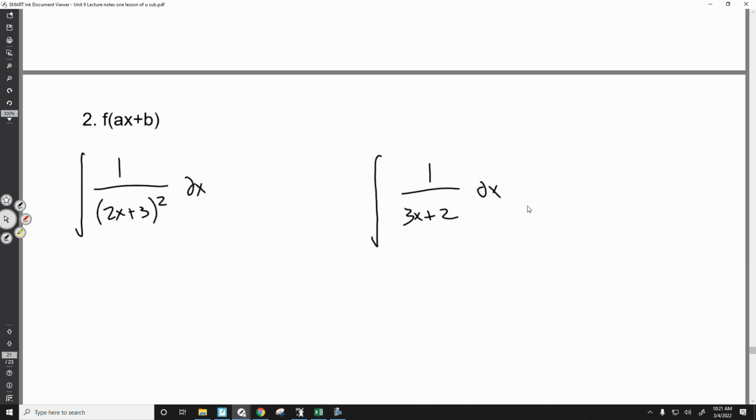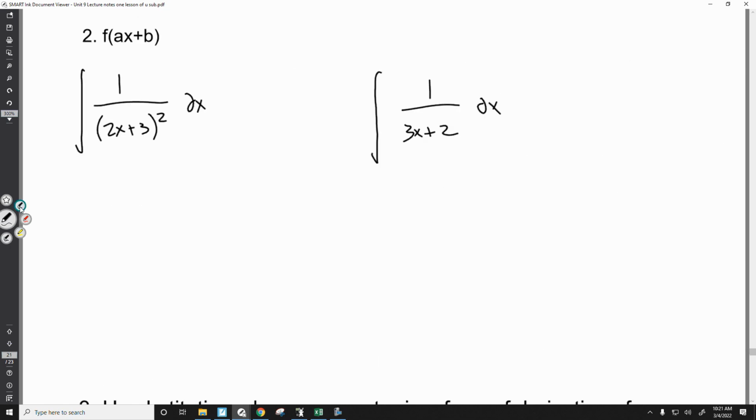Okay. Now, remember, when you subtract, the C will subtract and go away. Now, remember, the power rule works. Pay attention so that you know what you're doing.